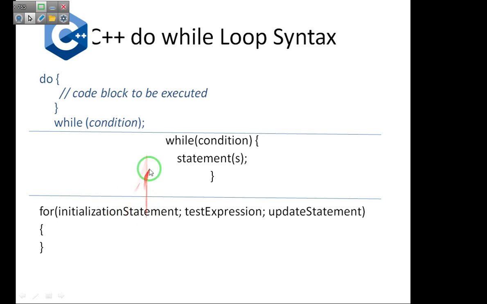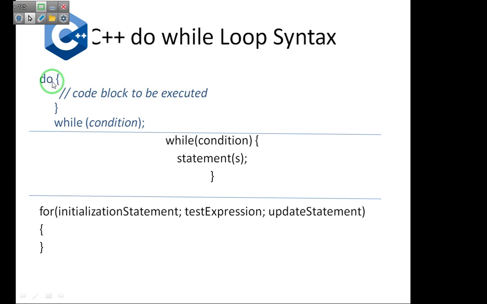So the for loop and while loop here is different. Here we use the keyword do, and then we have the body of the program. Here our statement lies. Clear?